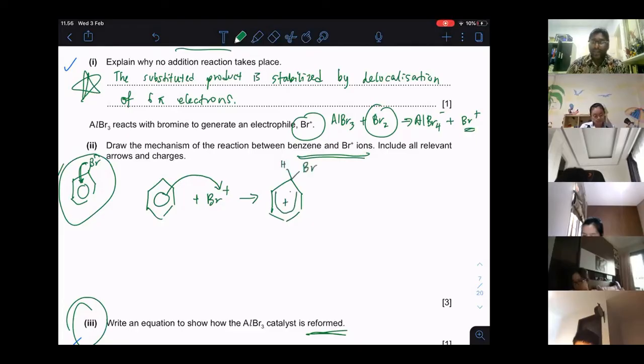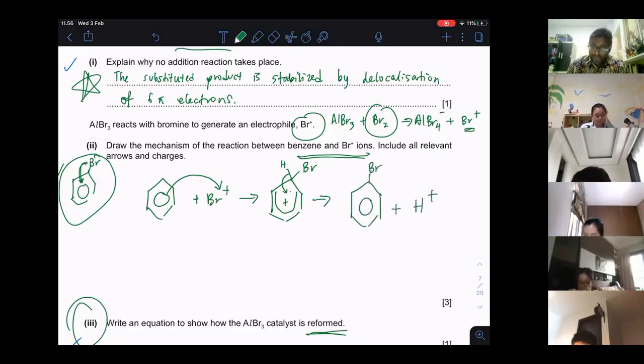The H was already there since the beginning. The electrons go inside the ring, and another heterolytic fission happens, whereby you get the bromobenzene and H plus.